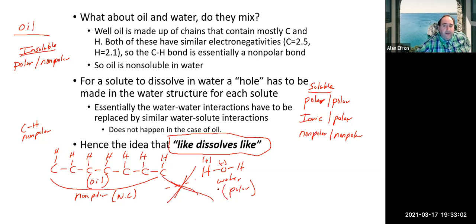So you oftentimes hear in terms of solubility that term like dissolves like, and that's basically what it means. If you can find a couple of things that have similar ways to interact with each other, then they will mix. And if you have two things that really are opposites of each other in terms of their ability to interact, they're not going to be able to interact with one another very well.